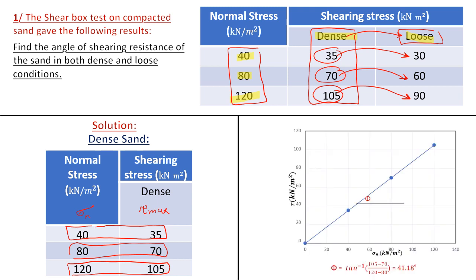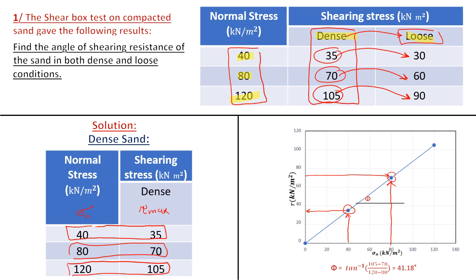Now you have to plot these 3 stress states. The first stress state 40 and 35, this is the first point. The second point 80 and 70, this is the second point.